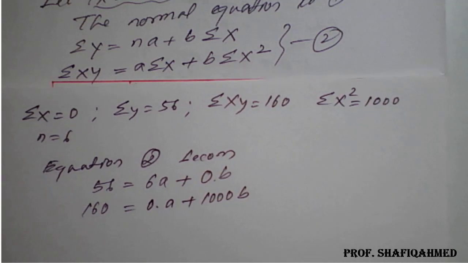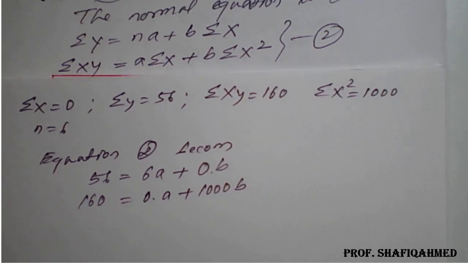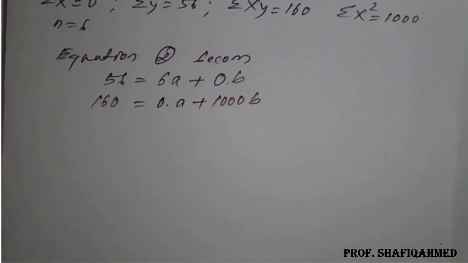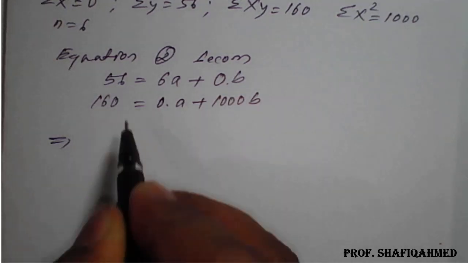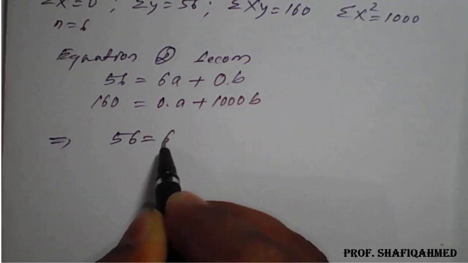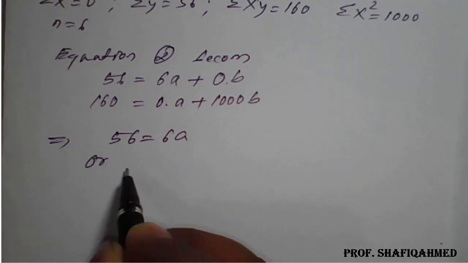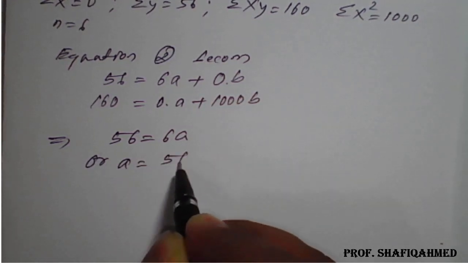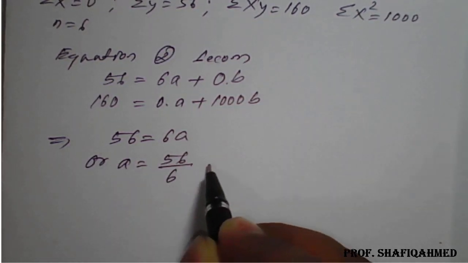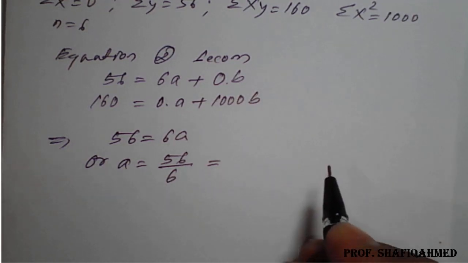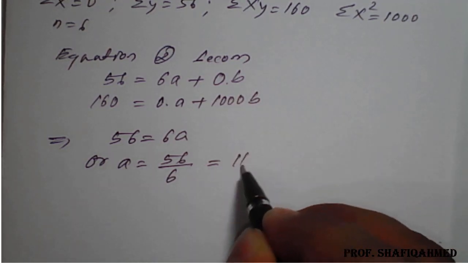So on simplification, we'll see what happens here. Which implies 56 is equal to 6a, or a is equal to 56 divided by 6, which is nothing but 11.2.